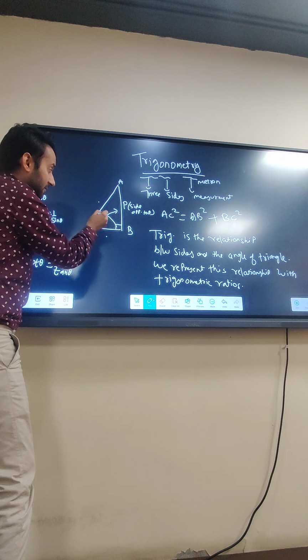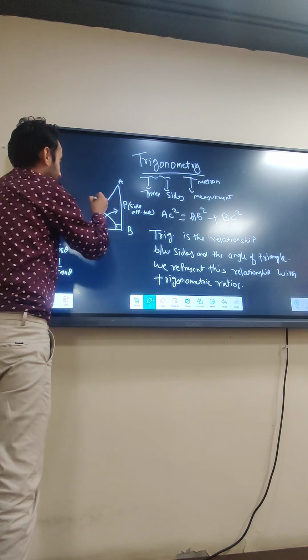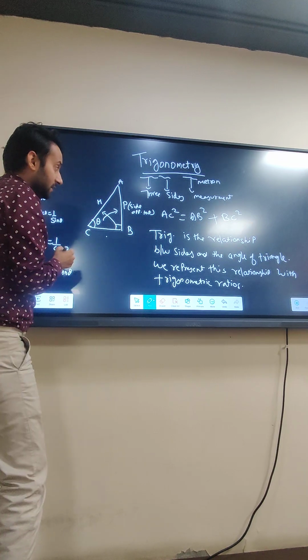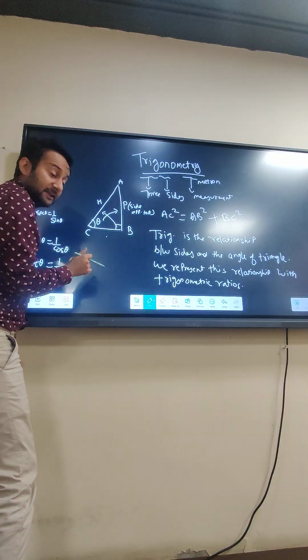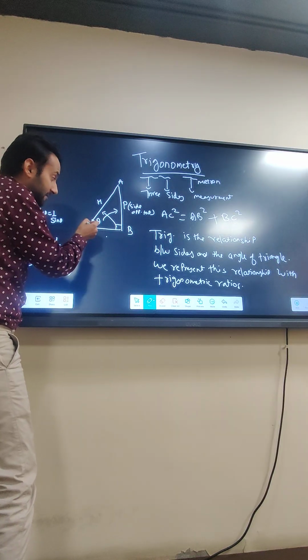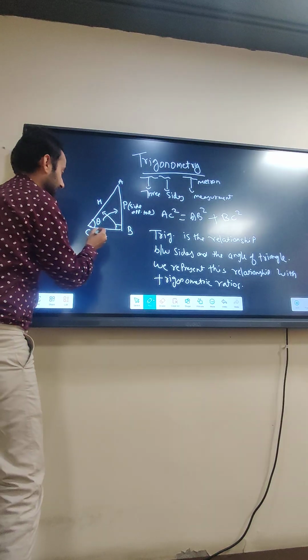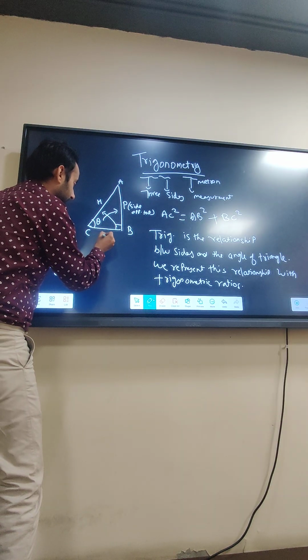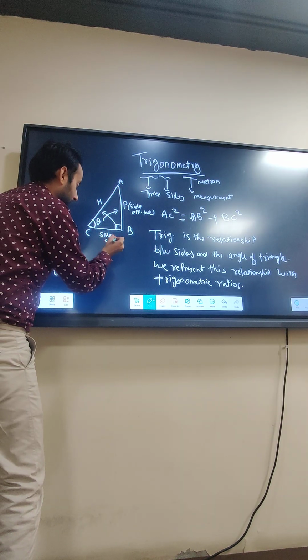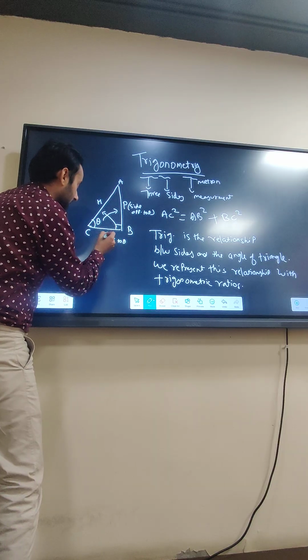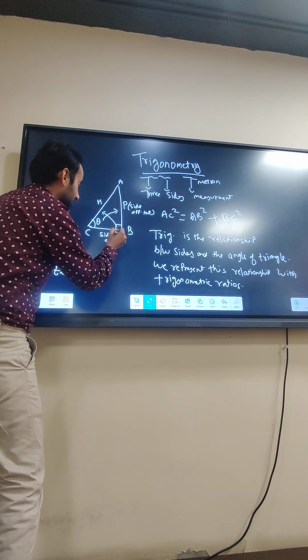Now, the side opposite to the right angle will always be the hypotenuse. This is H, right? And this BC will act as the base of the triangle. With respect to theta, it is known as the base or adjacent side. I will mark this as B.